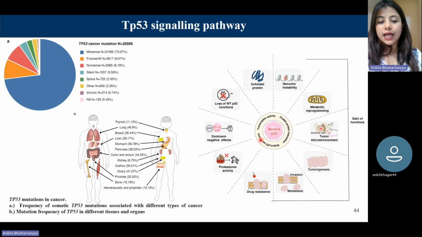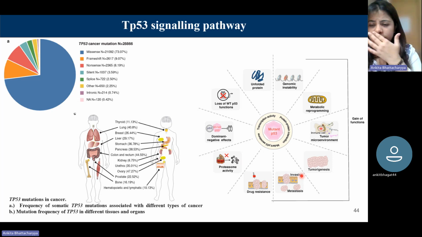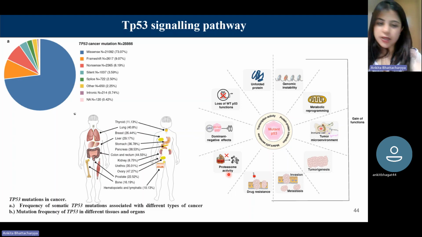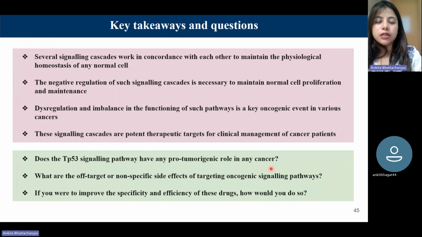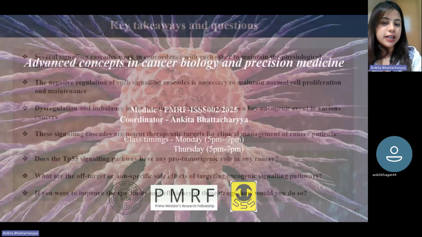Here we had seen the different ways in which TP53 causes cancer: it leads to genomic instability, metabolic reprogramming, invasion and metastasis are affected, it mediates drug resistance, proteasomal activity is disrupted, etc. And this is pretty much where we had ended.